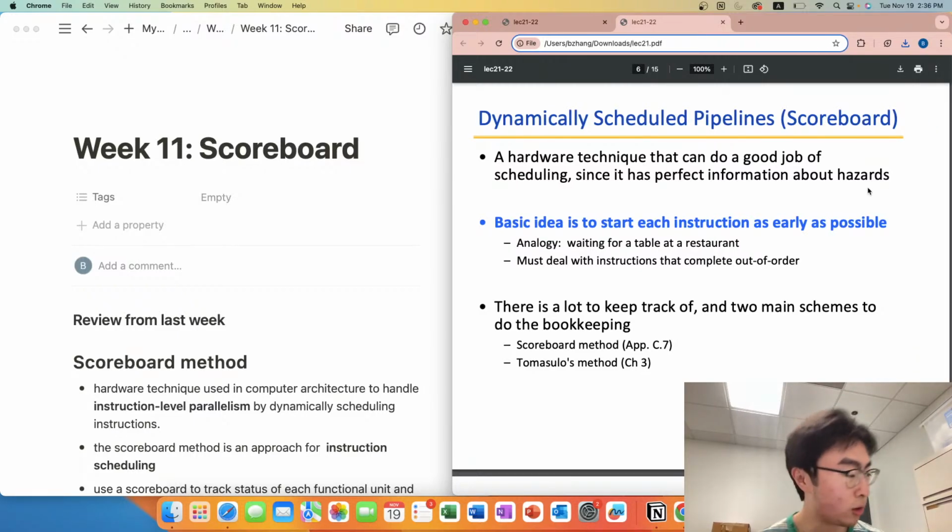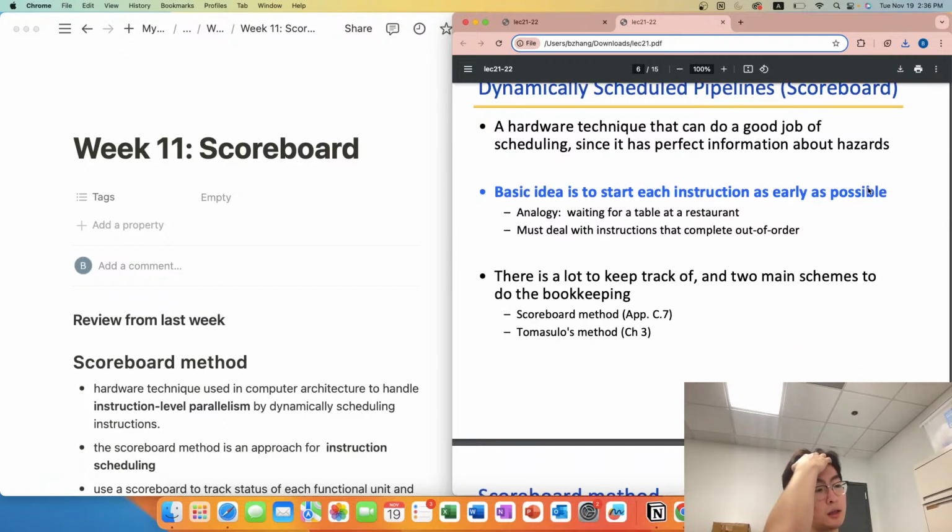So they call it the scoreboard. A hardware technique that can do a good job of scheduling since it has perfect information about hazards. Basic idea is to start each instruction as early as possible, like waiting for a table at a restaurant, that complete out of order.